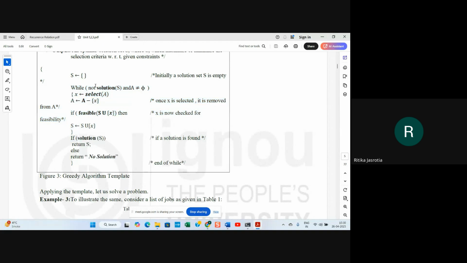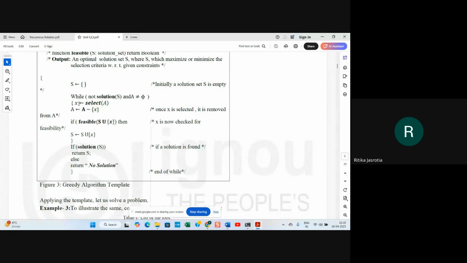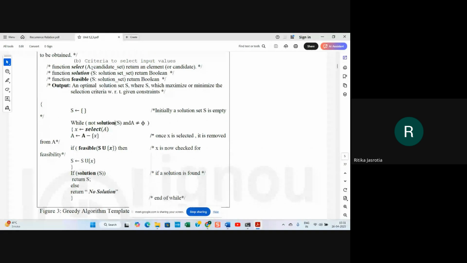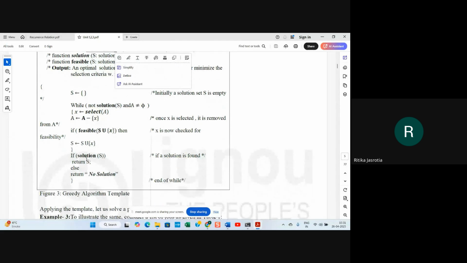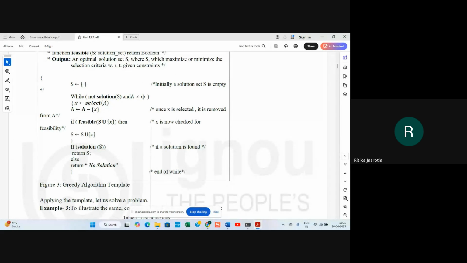Next you will take another input from the leftover inputs in X, again subtract it from the selection set, and then again if it is feasible you will put it in the solution set. If it is not feasible you will not put it in the solution set and go to the next iteration. So all the items, suppose n items are there, you will keep on checking and putting them in the solution set.